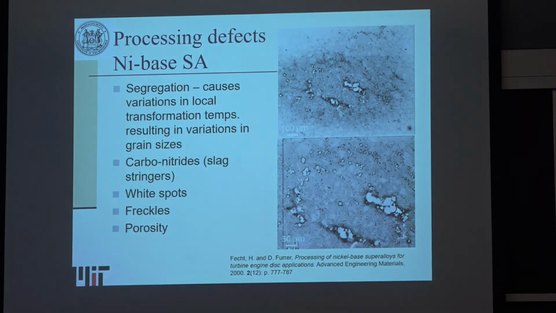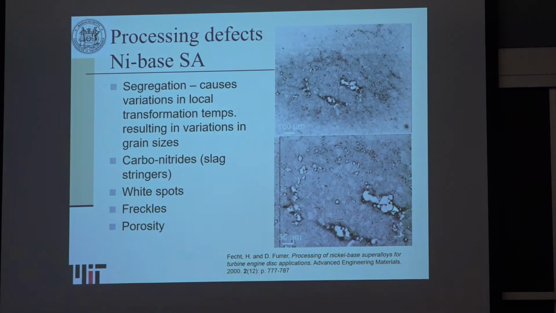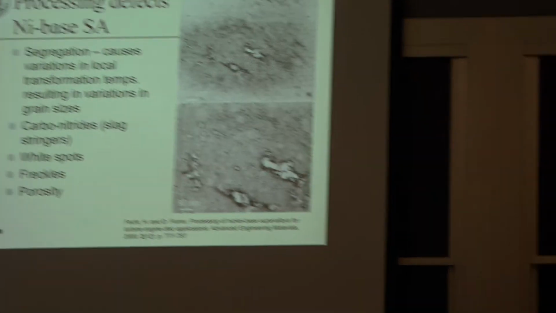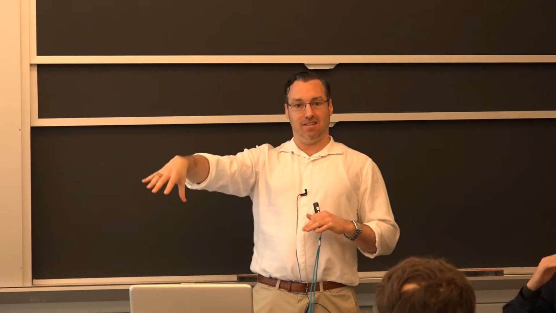For the nickel-based superalloys, some issues. Segregation is the main issue in the forging and the melt processes that are critical for the nickel-based superalloys. As you have a large ingot or billet cooling, the outer part of the billet will cool at a different gradient than the inside part.